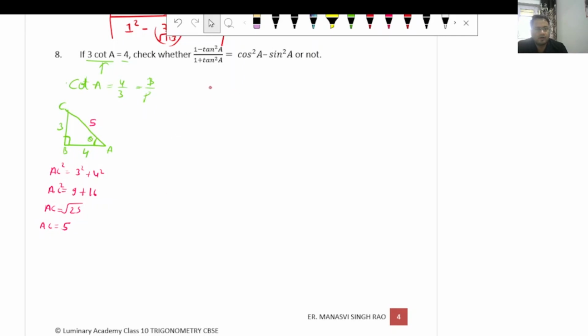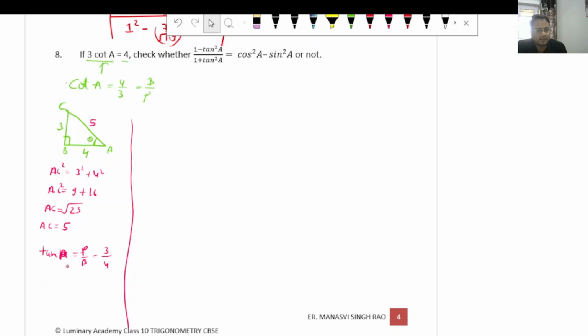Okay, now you need to check the values for tan, sin and cos. So you need to first find all the three ratios. So what is tan A? Tan A is perpendicular upon base, so the angle will be A only. Perpendicular is 3 and base is 4.